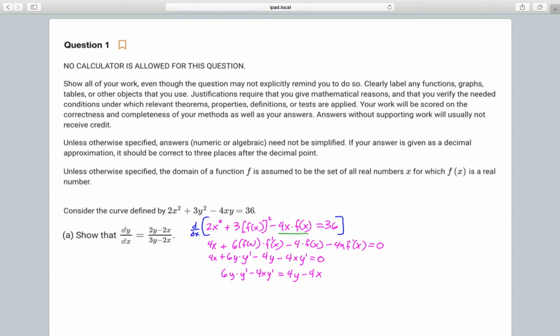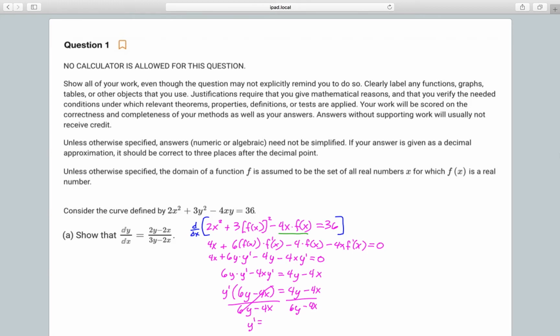All right, now what we're going to do is factor out the y prime. We'll have 6y minus 4x left over. And then we'll just divide that out of both sides. So divide out the 6y minus 4x. And we're left with y prime equals.